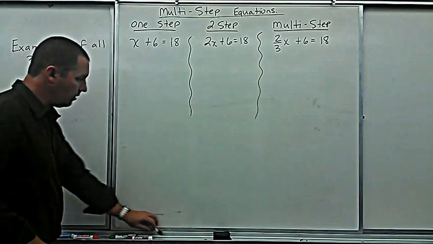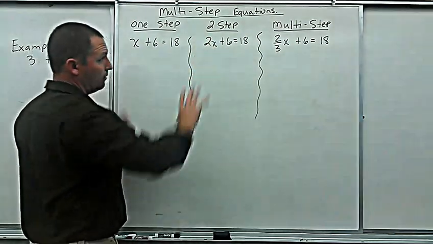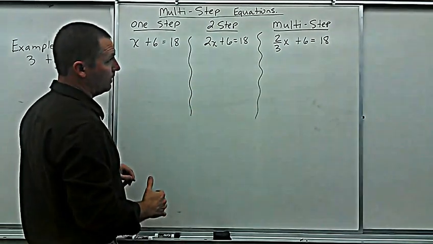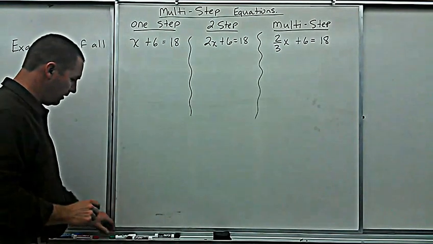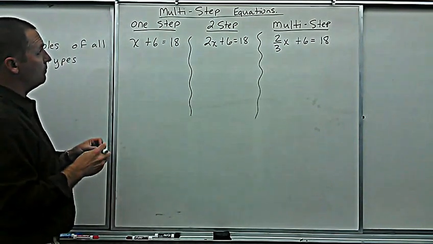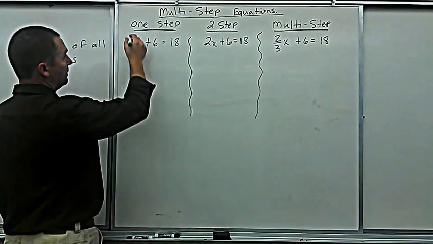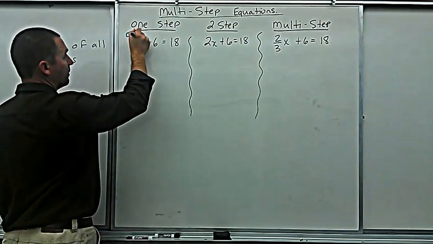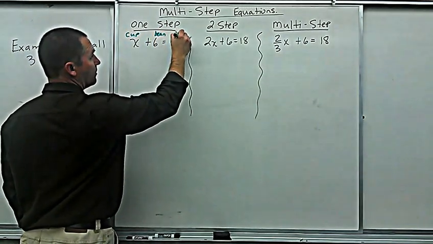And I'm going to go ahead and solve the one-step equation first. So you probably want to pause and get them all written out, giving yourself enough space in your notebook so that you can fit all the information in there. Okay, so to solve this one-step equation, the very first thing I'm going to do is get rid of my beans. Remember that these are my cups, and these are beans here, and these are beans.